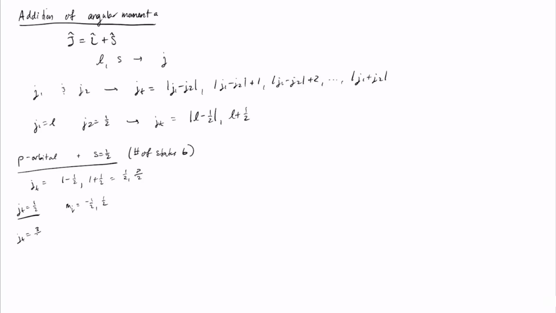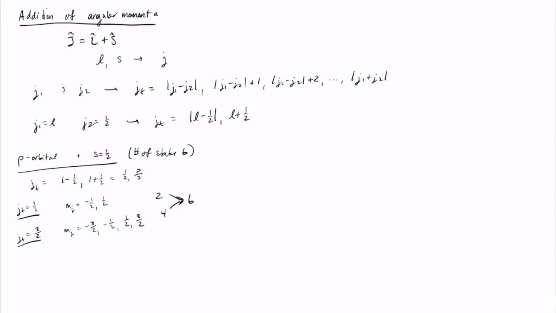And the next j sub t can be 3/2, and here we know that m sub j can go from minus 3/2, keeps growing by increments of 1, so the next one being minus 1/2, and then plus 1/2, followed by 3/2, and then we've reached j, and so this stops. Okay, so up top we have two states for j sub t equals 1/2, and we have 4 states for j sub t equals 3/2, and so combine those and you get, indeed, the 6 states that you expected.